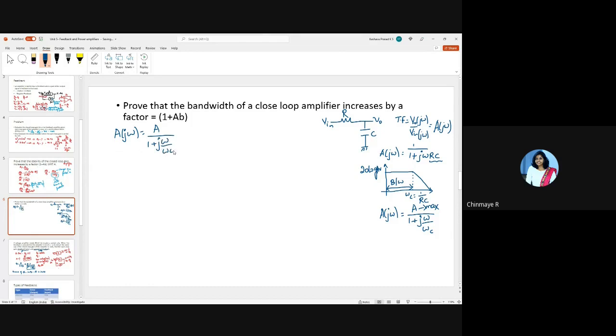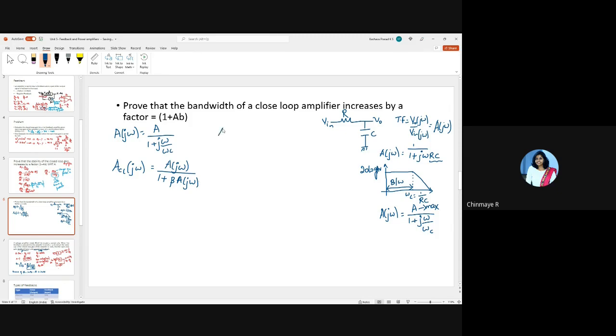Now let's find out what happens to this transfer function when I close the single pole system with a feedback loop. I can represent the gain of the closed loop of a single pole system as A of j omega divided by 1 plus beta into A of j omega.